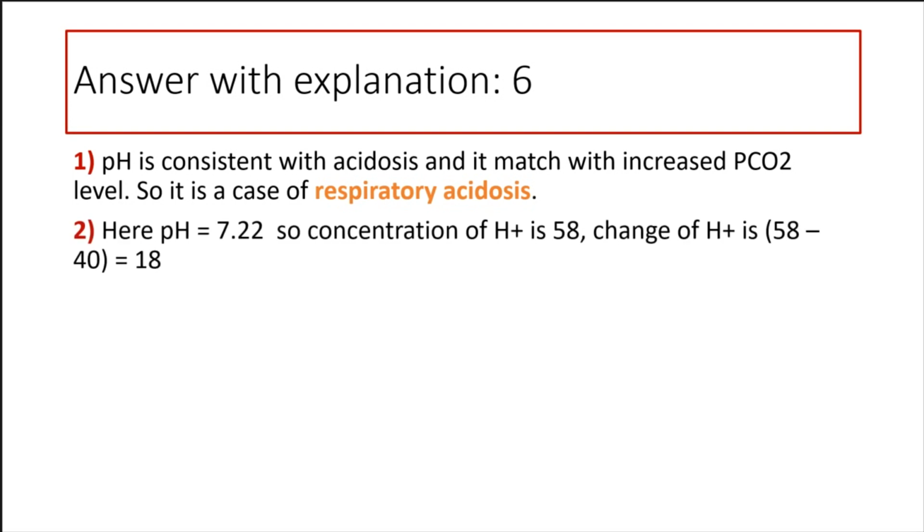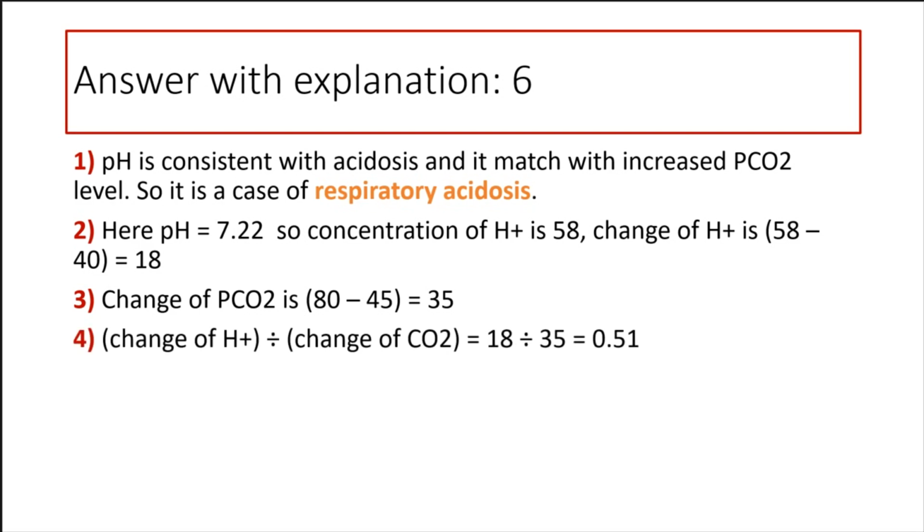2. Here pH equals 7.22, so concentration of H plus is 58, change of H plus is 58 minus 40 equals 18. 3. Change of PCO2 is 80 minus 45, equals 35. 4.